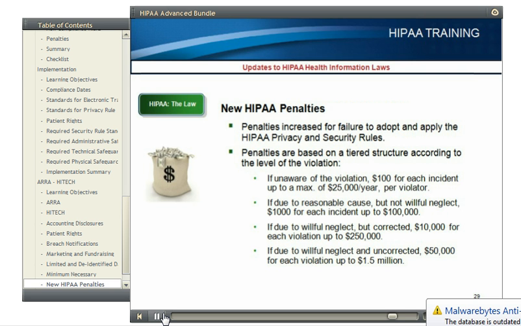If due to reasonable cause, but not willful neglect, $1,000 for each incident, up to $100,000. If due to willful neglect, but corrected, $10,000 for each violation, up to $250,000. If due to willful neglect and uncorrected, $50,000 for each violation, up to $1.5 million.